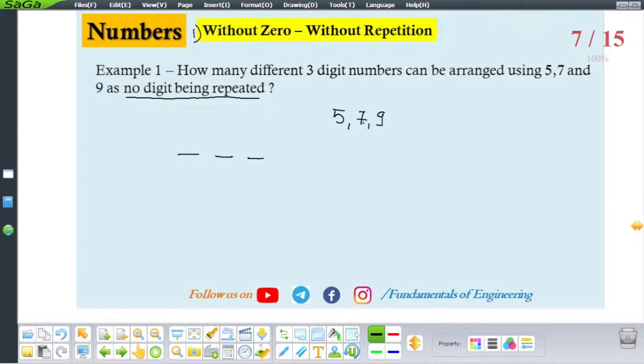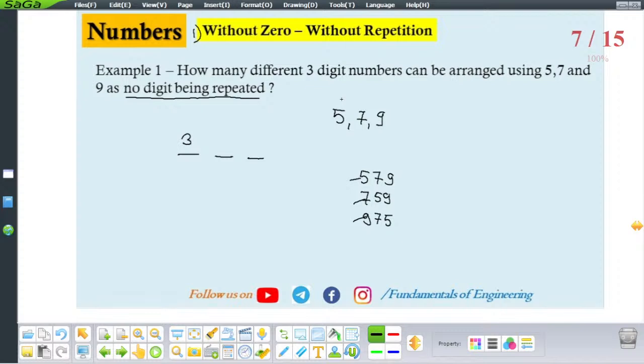Sometimes 5 will come at first position, sometimes 7, and sometimes 9. So every digit can come at first position.